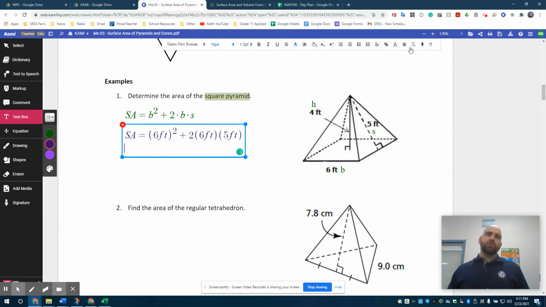And that's quite literally all you do. Remember, what we're doing here is finding the area of the base, and then here we're finding the lateral area.